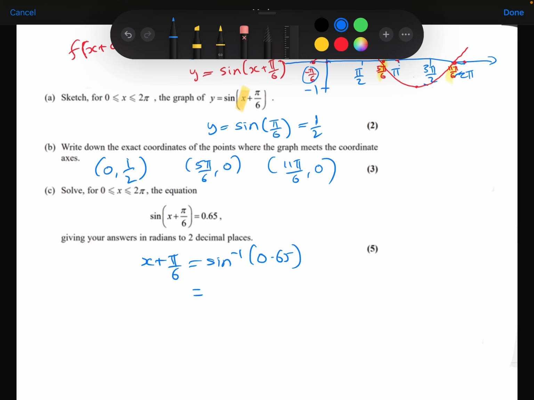Sine inverse of 0.65, we get 0.7075, and so on. I now want to draw my sine graph to help me to find the other values that it could be. So let's just draw a very quick sine graph.